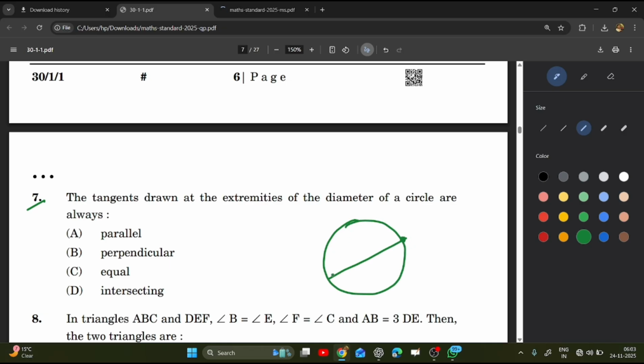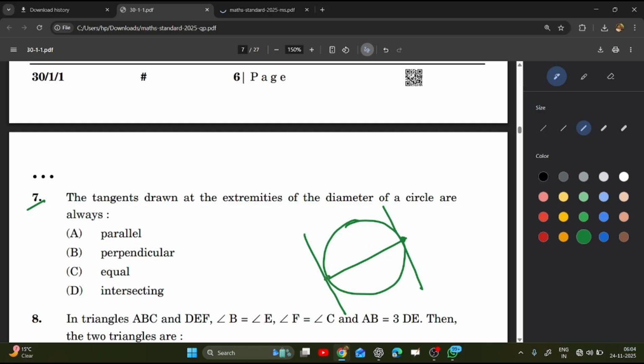These two points of the diameter on the circle are called extremities, and if we draw the tangent at these two extremities, then it seems like these two tangents are parallel. But we can prove it also.